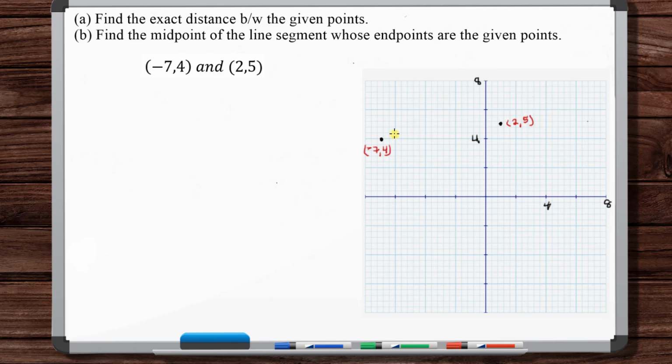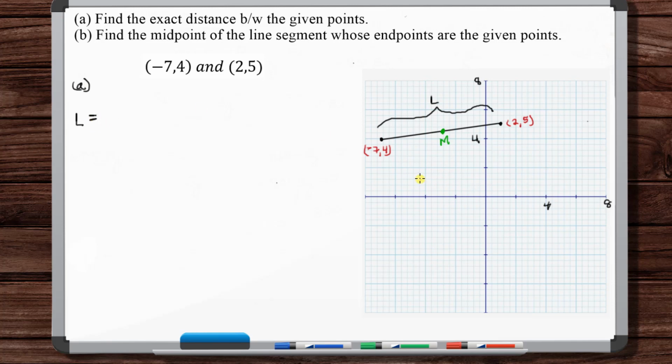Okay, we want to find the length of this line. We'll find L, as well as the coordinates of the midpoint, M.